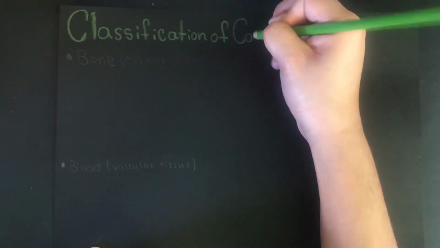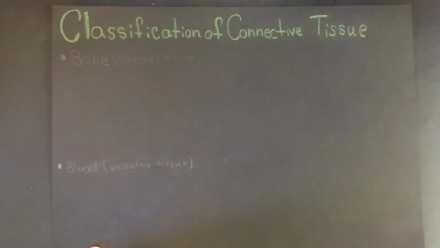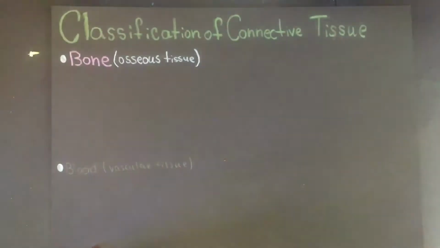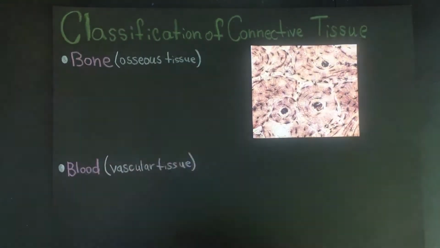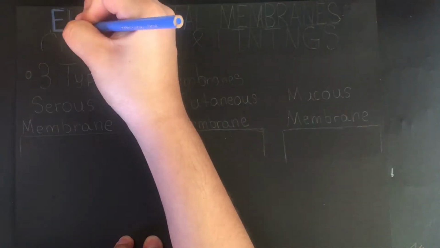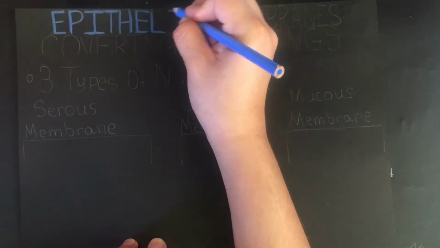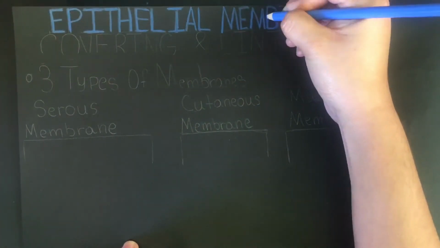Classification of connective tissue. Bone, osseous tissue, and blood, vascular tissue. Epithelial membrane coverings and linings.